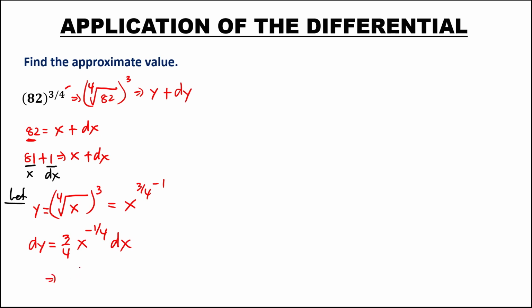To simplify, we have 3 over 4, bring down, and this becomes the fourth root of x, times the dx.